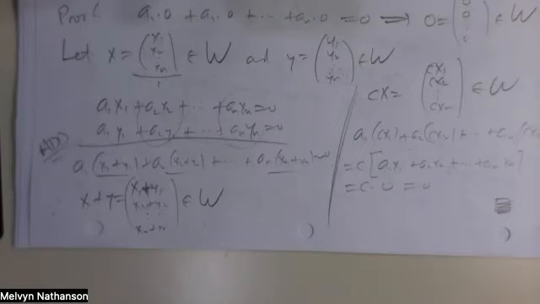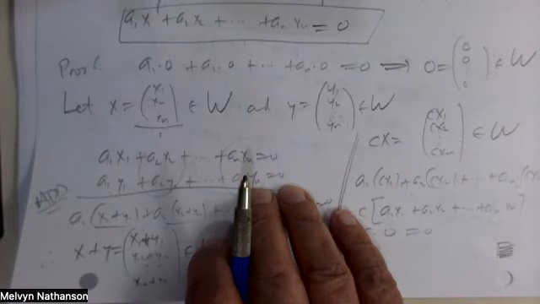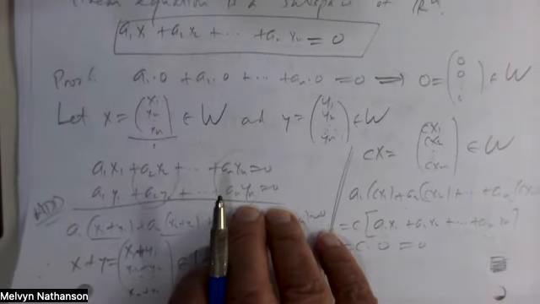I didn't really understand, Professor. Well, let me give an example. Suppose I take an equation like 4x plus 7y equals 0.